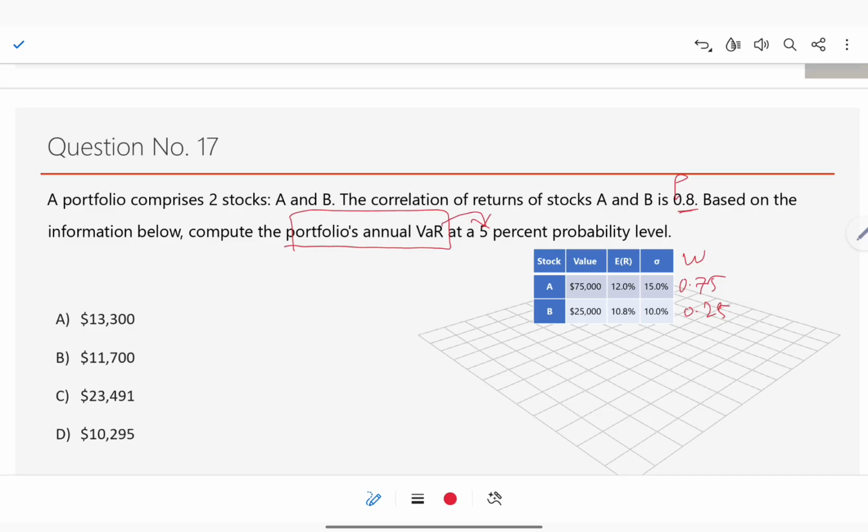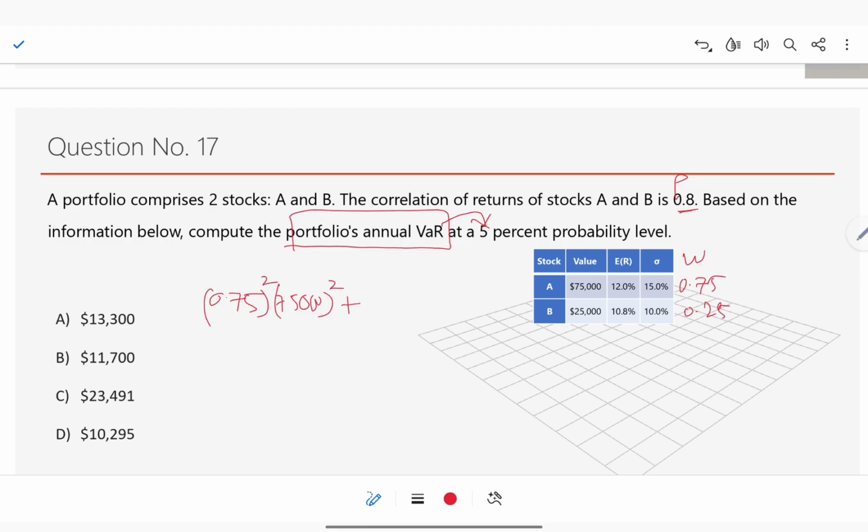We have to take the weight of A, 0.75, and the value 75,000, squared.